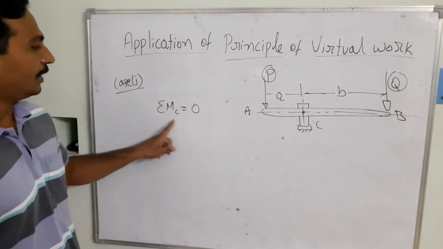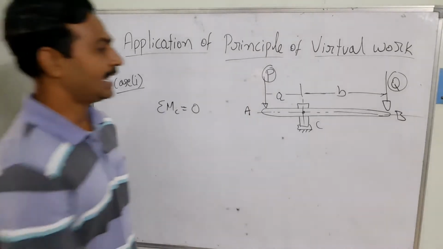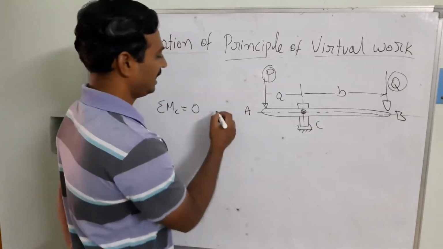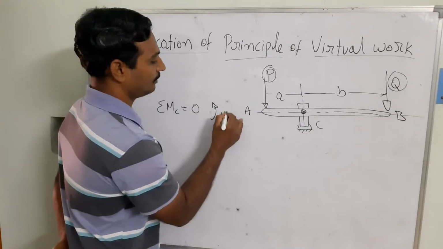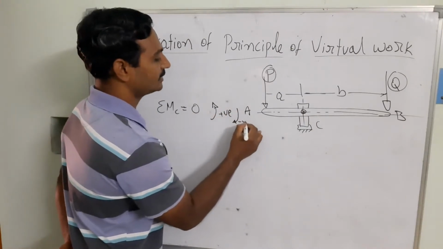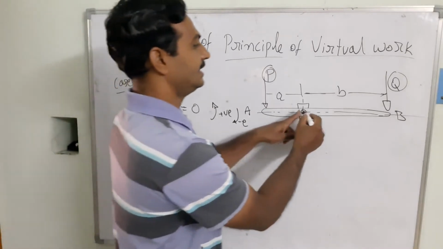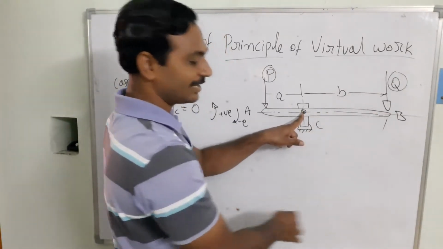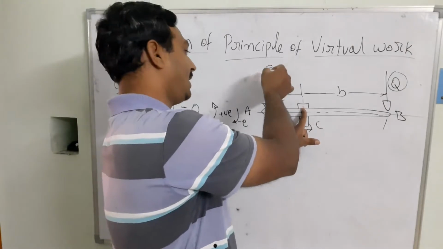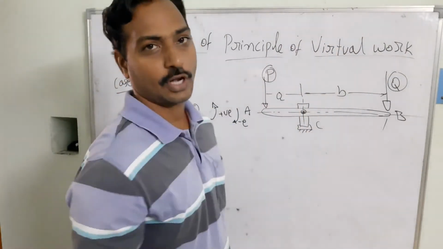We are going to consider counterclockwise as positive and clockwise as negative. In this case, the Q force is acting in the clockwise direction and P is acting in the counterclockwise direction.